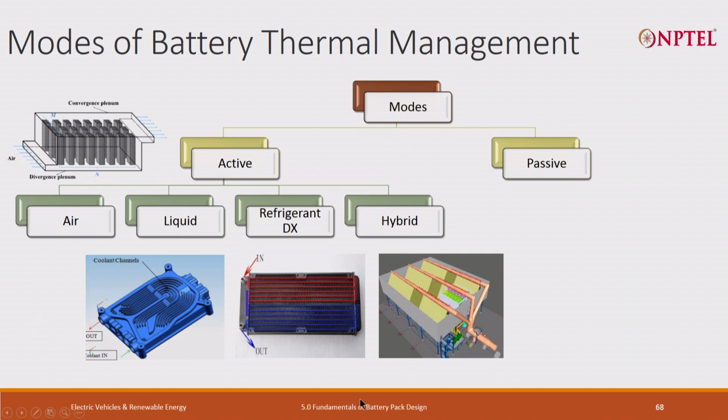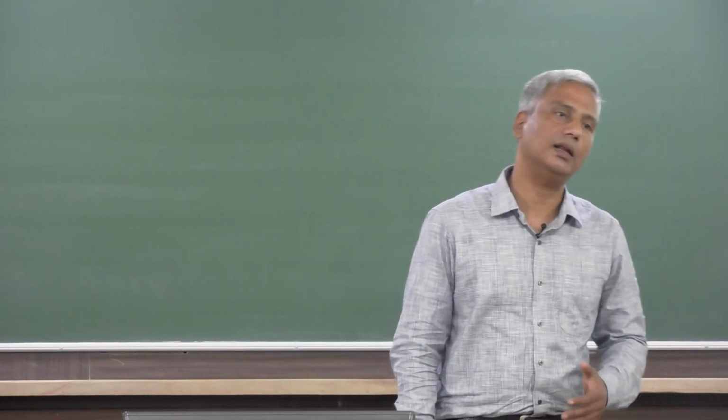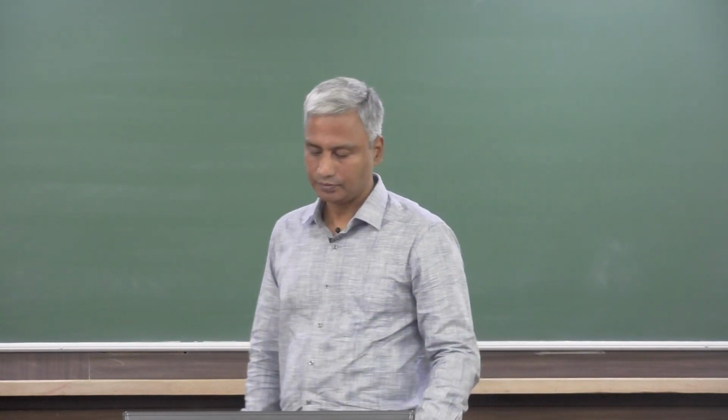Similar things can also be done using a phase change material like water, but the problem is that it will go into the ambient, it would be consumed. If you do not want to consume it, then you have to use something like a hybrid system, where one medium would be refrigerant, the other medium would be either air or liquid.